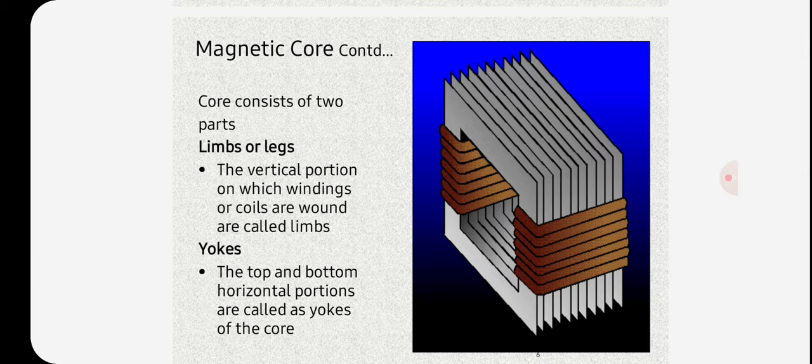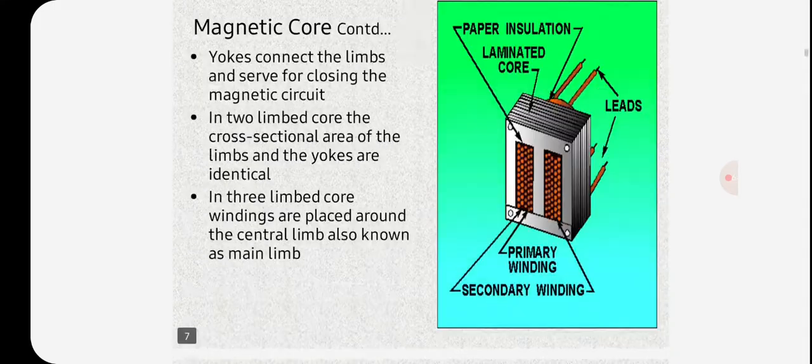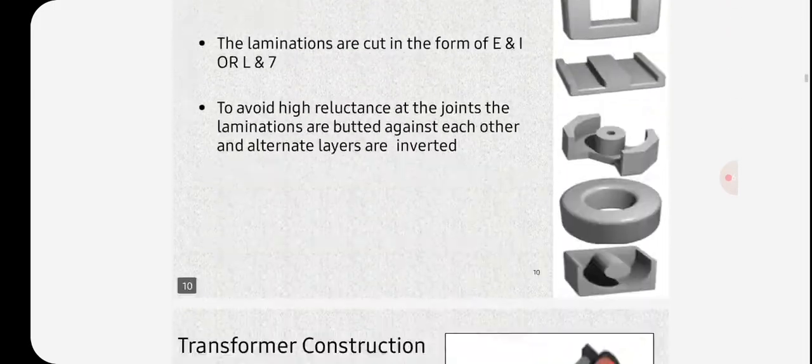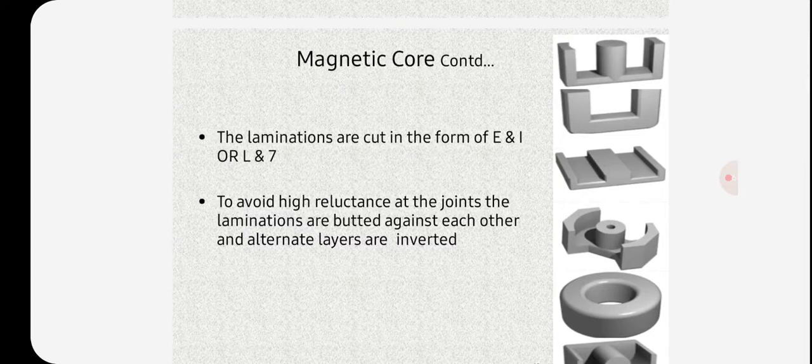The laminations are cut in the form of long strips of different shapes like L, E, I, U, C. Here the laminations are cut in the form of long strips of different shapes like L shape, E shape, I shape, U shape, C shape, etc. For small transformers, L sections are used.